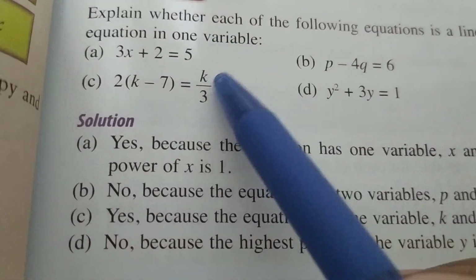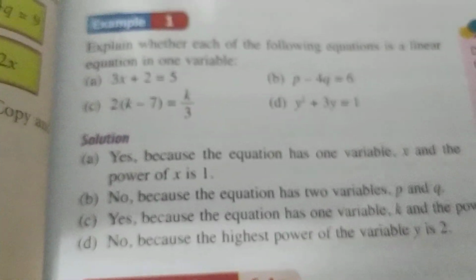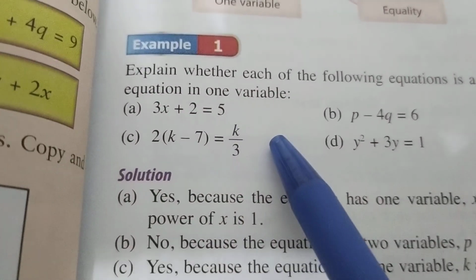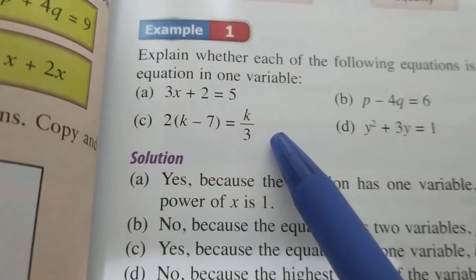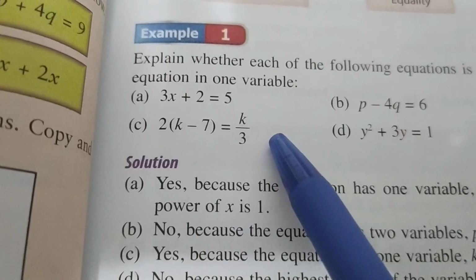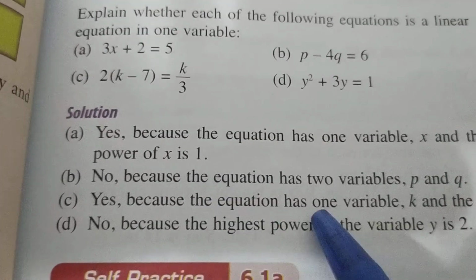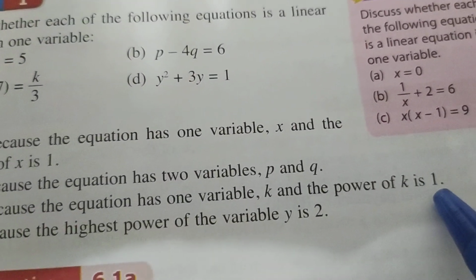Then equal to k divided by 3. So you will get the variable k, and the power of k is 1. Because this equation has one variable and the power of the variable is 1, so yes, because the equation has one variable k and the power of k is 1.